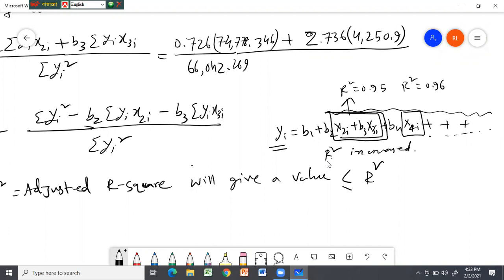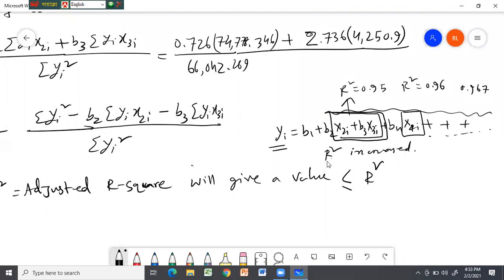When you add another, it will increase to 0.967, and so on. So the more explanatory variables you add to your regression model, the more representative and the more fitted this model will be to the population regression function. That is why the R square value increases when you add more explanatory variables. That is one kind of fitting of the regression line compared to your population regression function.